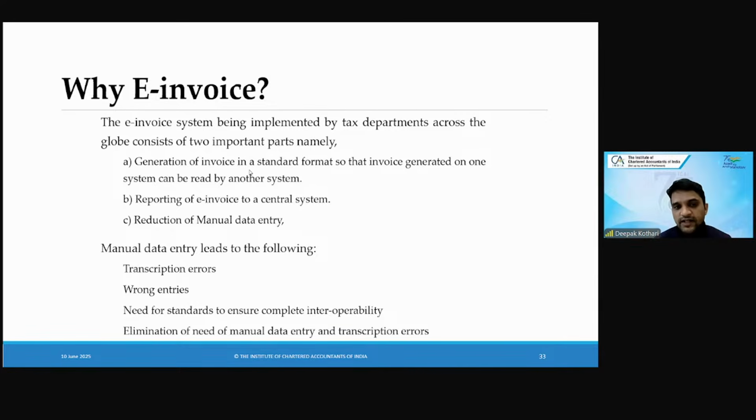So it serves two objectives. It provides the invoicing in a standard format and reporting to the central system. That is, the government will have the transaction and a trail for that. Manual data entry will have a lot of problems. To avoid that, e-invoicing is there.